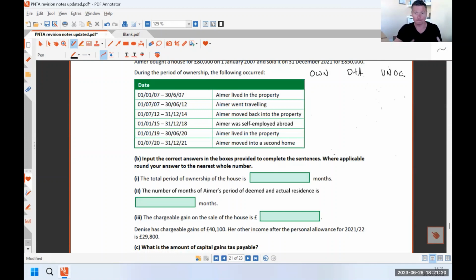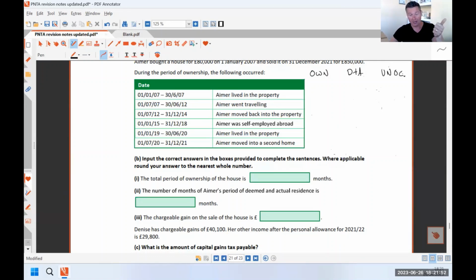So the first bit is he lived in the property. That's pretty straightforward, and it's also a good thing that it sets off that period of ownership for various rules. He lived in the property from the 1st of January to the 30th of June. For any of you who weren't in my live tax class, I cannot stress it enough, use your fingers, because the 1st of January to the 30th of June is not the same number of months as the 31st of January to the 30th of June.